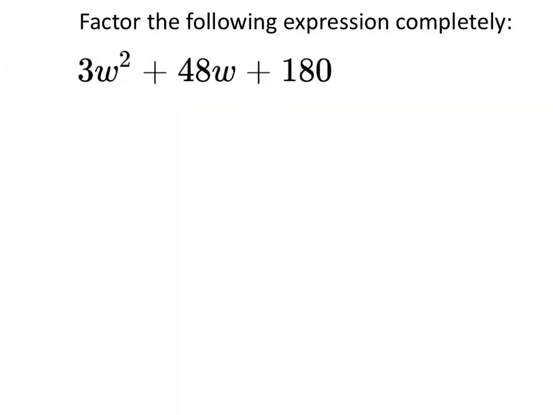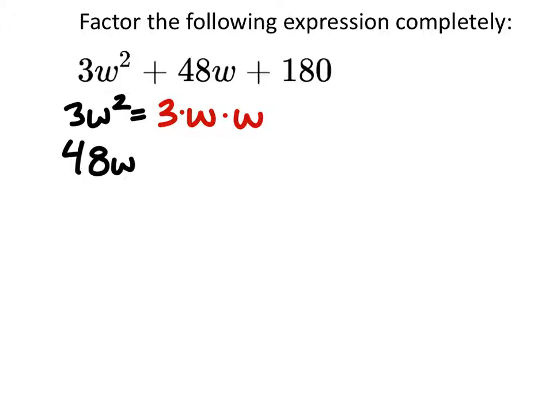All right, so on this one, our leading coefficient is 3 now. So we should certainly look for some kind of greatest common factor for this one. So let's look at these. So I got my first term, 3w to the power of 2, which would be 3 times 2 w's, because 3 is already prime. That's nice. 48w.